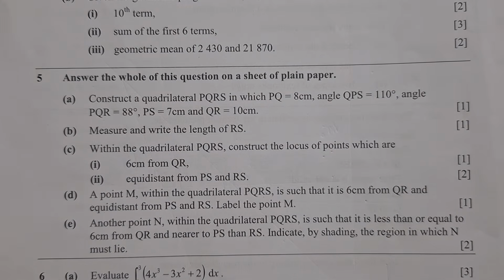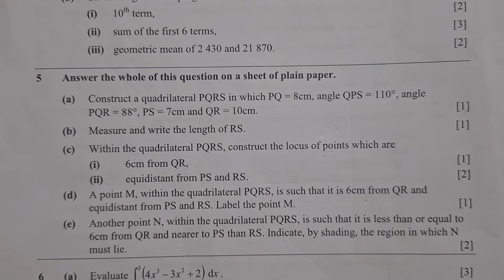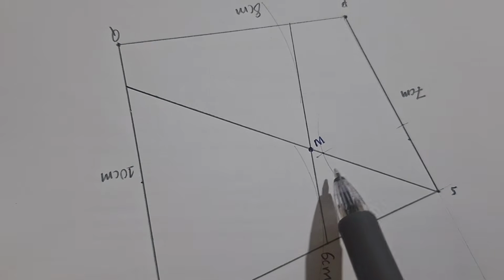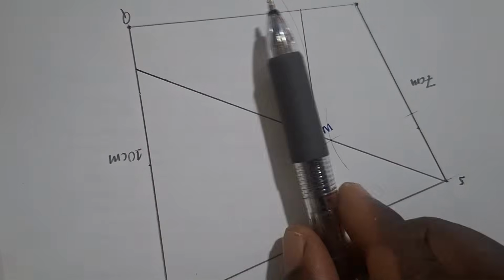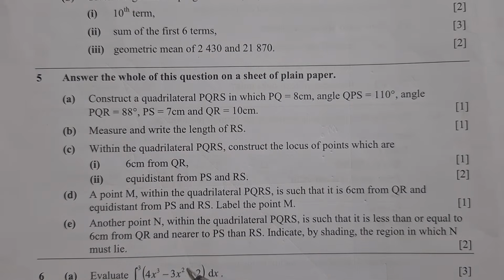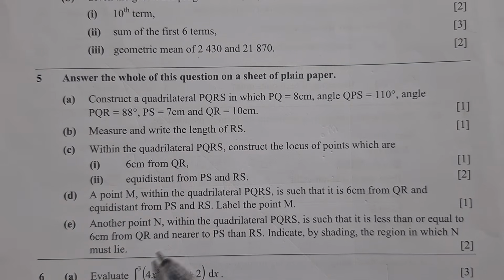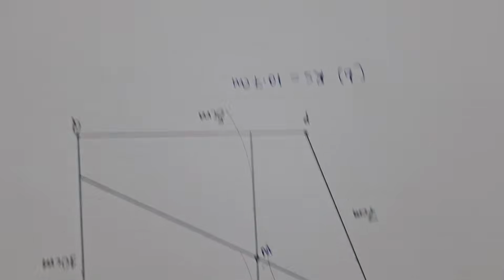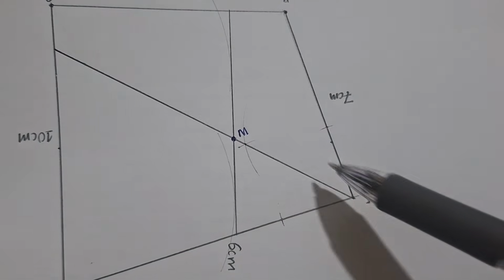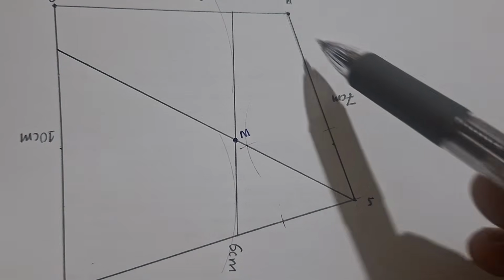Okay. The last question, they are saying, another point N within the quadrilateral PQRS is such that it is less than or equal to 6 centimeters. Now look at this. Less than or equal to, meaning that point must be somewhere down here. Okay? And then here they continue saying, and nearer to PS than RS. So we go to the equidistant. This is equidistant line. PS is this side. This is PS.